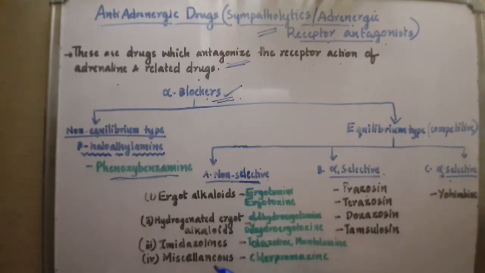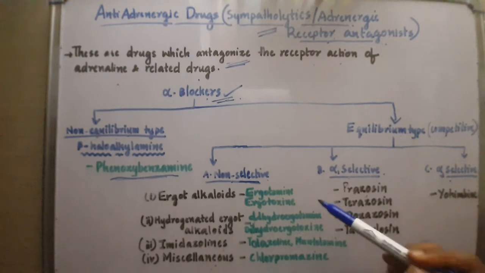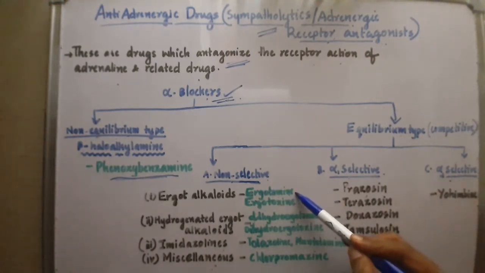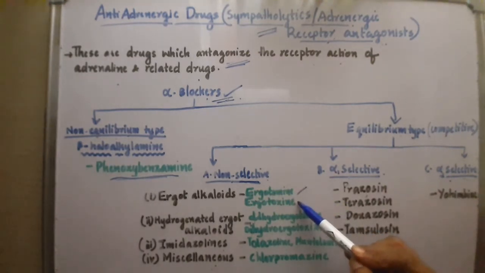Non-selective is again classified as ergot alkaloids, hydrogenated ergot alkaloids, imidazolines and miscellaneous drugs. Let us see the drugs that come under the class ergot alkaloids. The drugs are ergotamine and ergotoxine. The next one is hydrogenated ergot alkaloids.